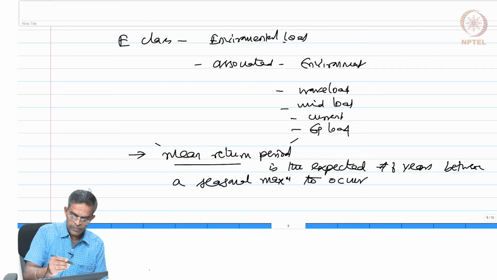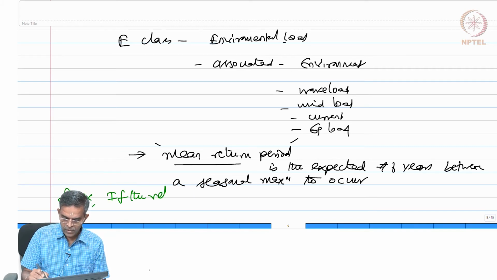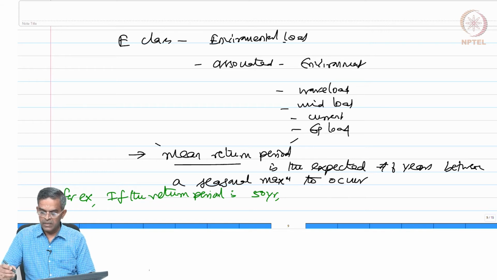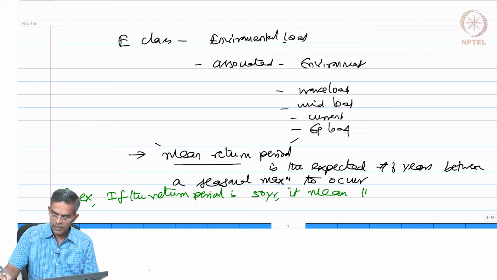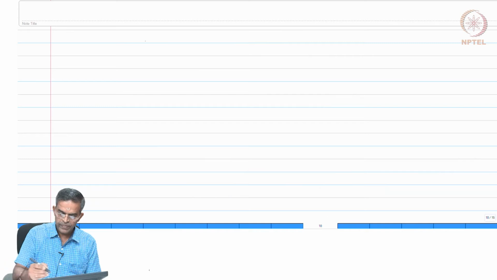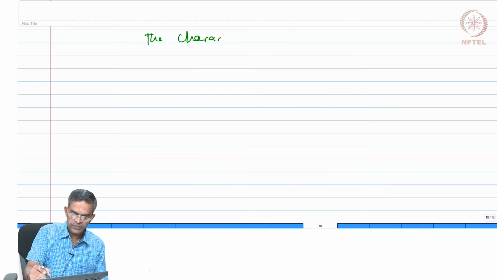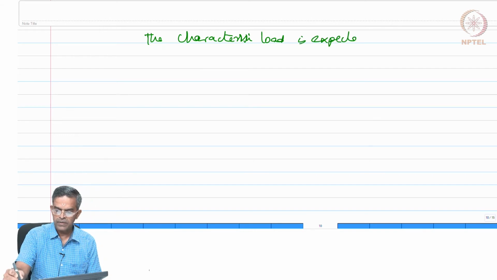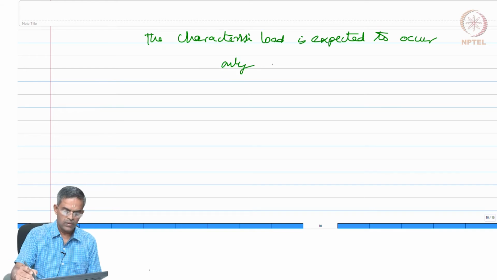For example, if the return period is 50 years, it means that the characteristic load is expected to occur only once in 50 years.